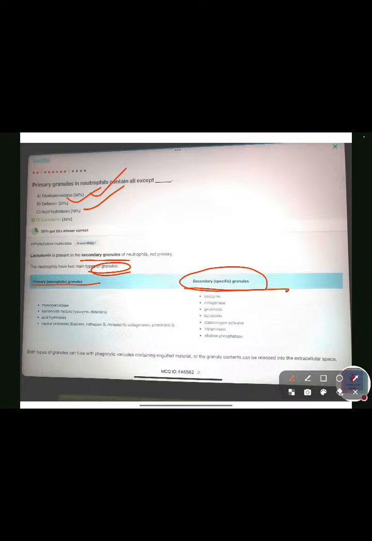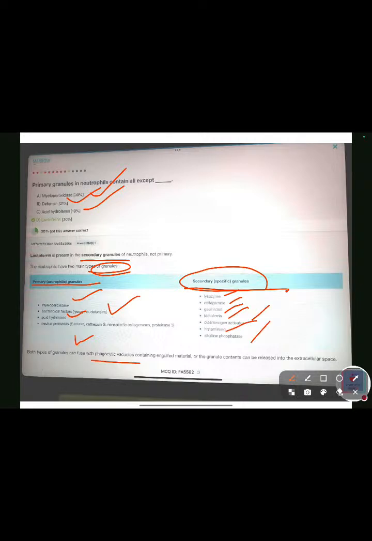Azurophilic granules contain myeloperoxidase, bactericidal factors like lysozyme, acid hydrolases, and neutral proteases: elastase, cathepsin G, nonspecific collagenase, proteinase 3. Specific granules contain lysozyme, collagenase, gelatinase, lactoferrin, plasminogen activator, histamine, alkaline phosphatase.